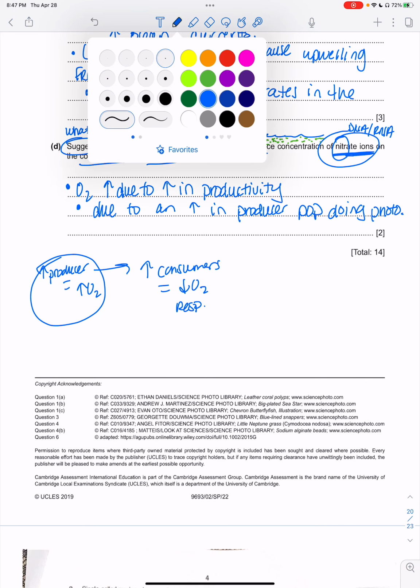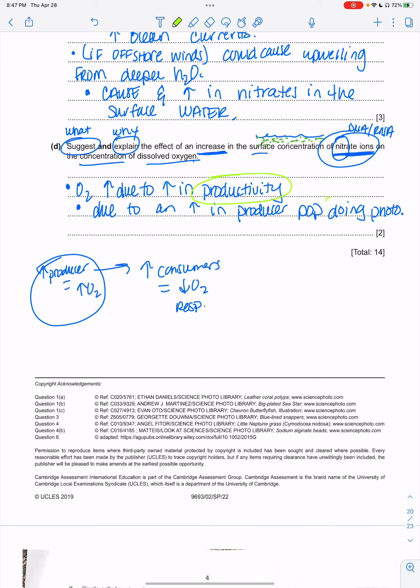Your mark scheme team actually has these flipped around, and that's fine. They said oxygen will increase due to increase in photosynthesis. Why? Because there's a higher productivity in the producers. Okay.